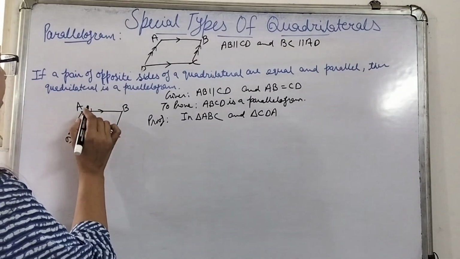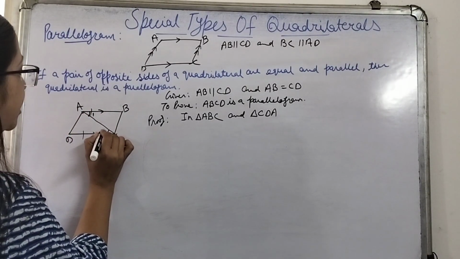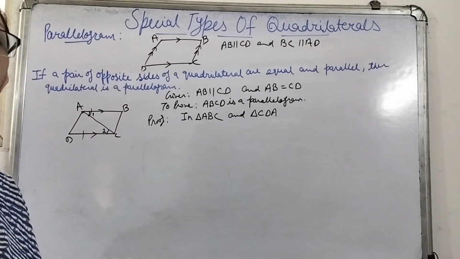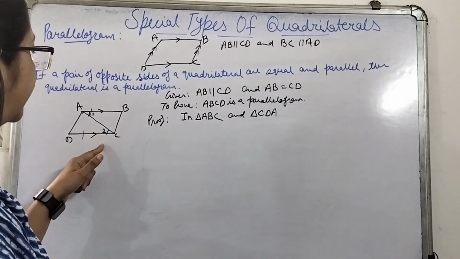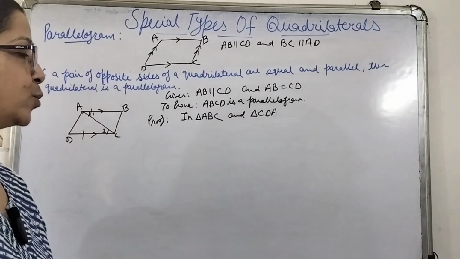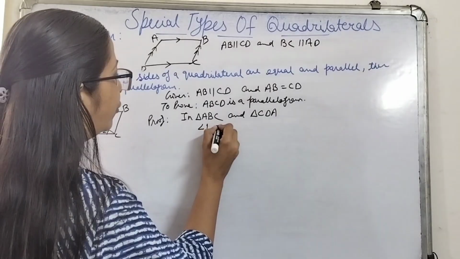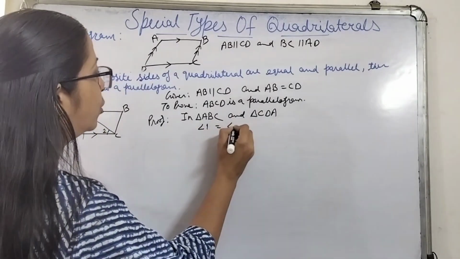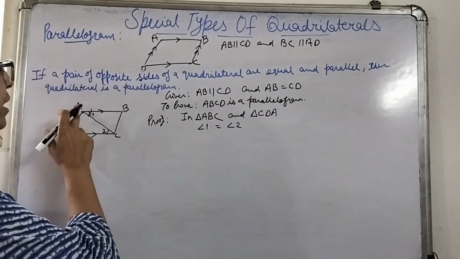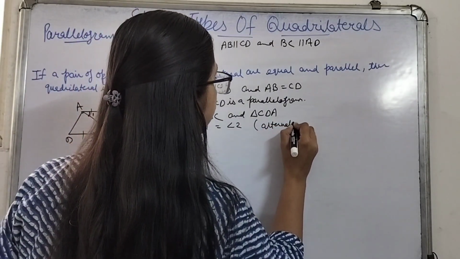And if AB is parallel to CD, then this is your angle 1, and this is your angle 2. So angle 1 will be equivalent to angle 2 because they are alternate angles, because AB is parallel to CD and AC is the transversal. So in triangle ABC, angle 1 will be equivalent to angle 2 of triangle CDA. Reason being, they are alternate angles.